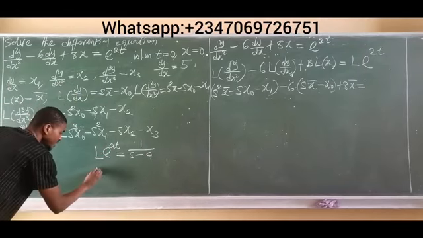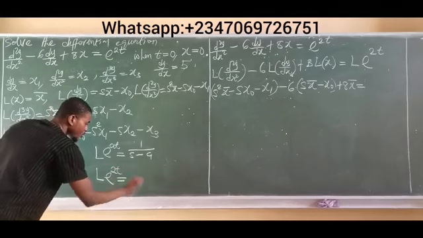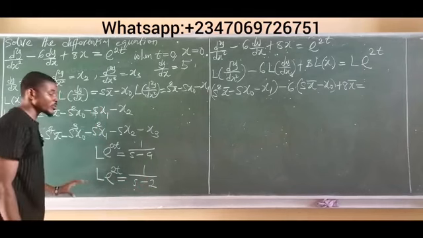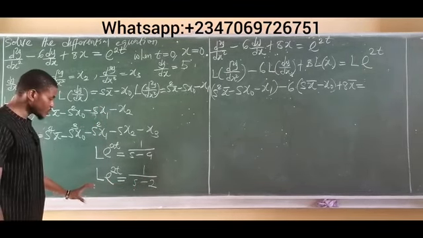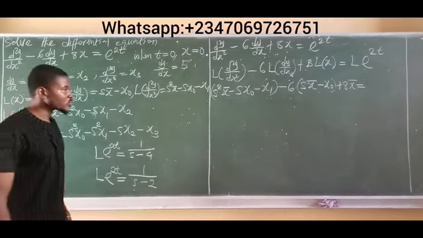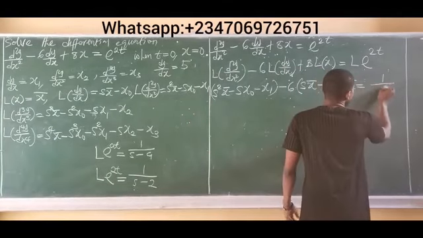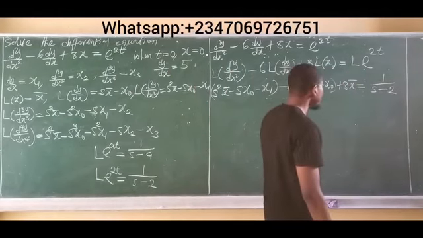Therefore, if we are seeing Laplace of exponential 2t, automatically this is equal to what? 1 all over s minus 2. So this is among the table of standard values. You don't need to solve, you just need to know them. So the Laplace of exponential 2t is simply 1 all over s minus 2. Hence, in place of this, we have 1 all over s minus 2 in place of Laplace of exponential 2t.